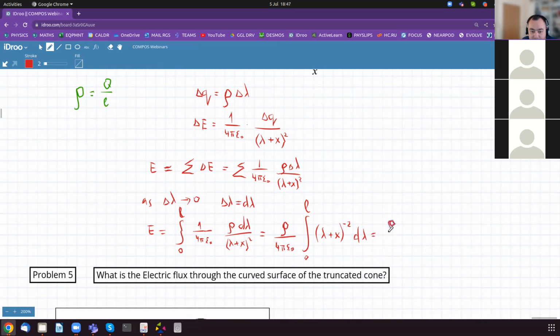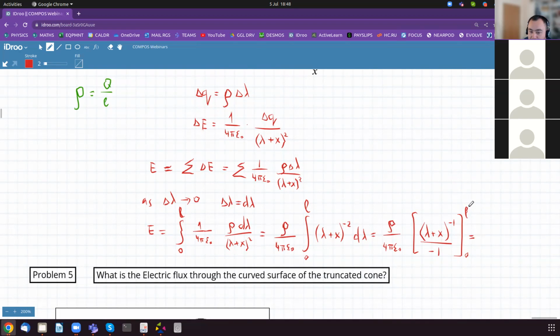So once again, rho over 4 pi epsilon naught. Right, so we need to integrate that. It's going to be lambda plus x to the power minus 1, over minus 1. So just a simple integral between limits 0 and L.